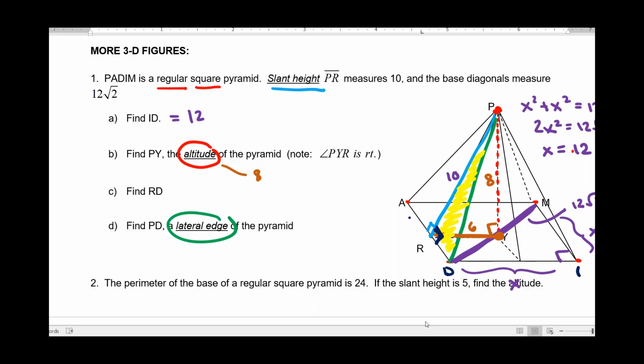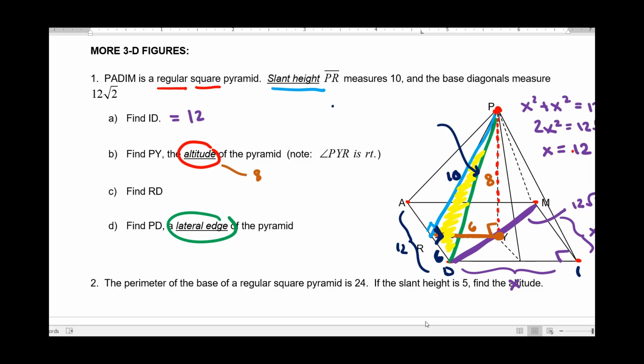And I know that this side length is 12, so that means that this must be 6. And so the tricky part here is you might think that because this is a 6 and this is 10, that this must also be 8. But if you think about it, it really doesn't make sense that that is 8. The reason that's a little bit tricky is because that's my hypotenuse. 8 can't possibly be my hypotenuse. The longest side has to be the hypotenuse.